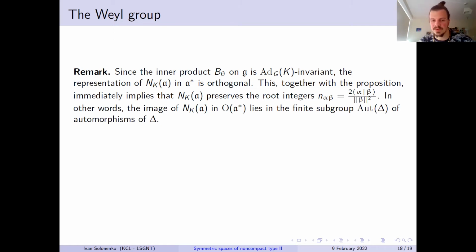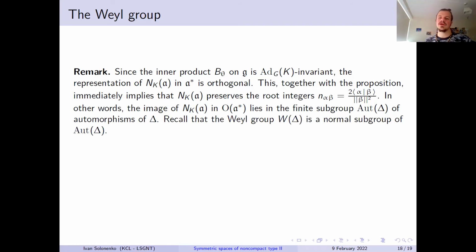The group of automorphisms of a root system is a finite group, and it contains the Weyl group as a normal subgroup. So basically, the automorphism group of delta is just the semi-direct product of the Weyl group and the automorphism group of the corresponding Dynkin diagram, which is just a very, very small finite group.